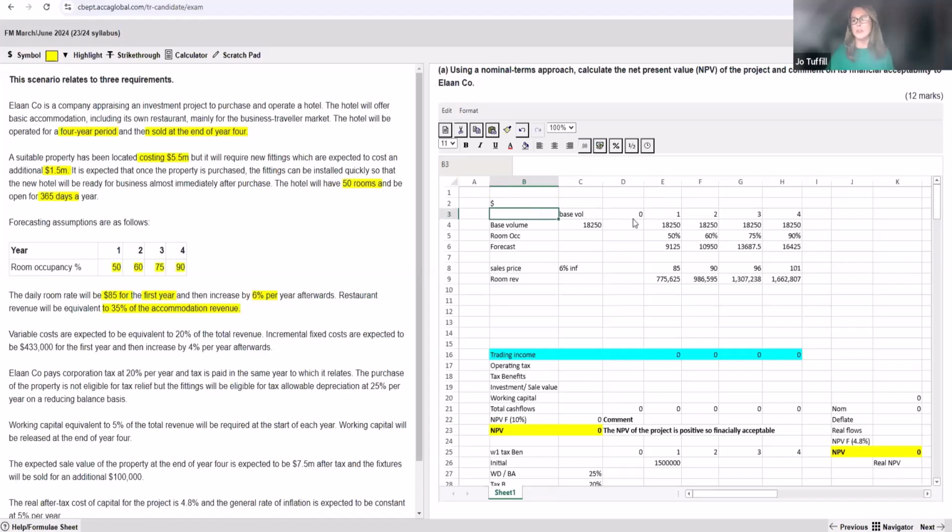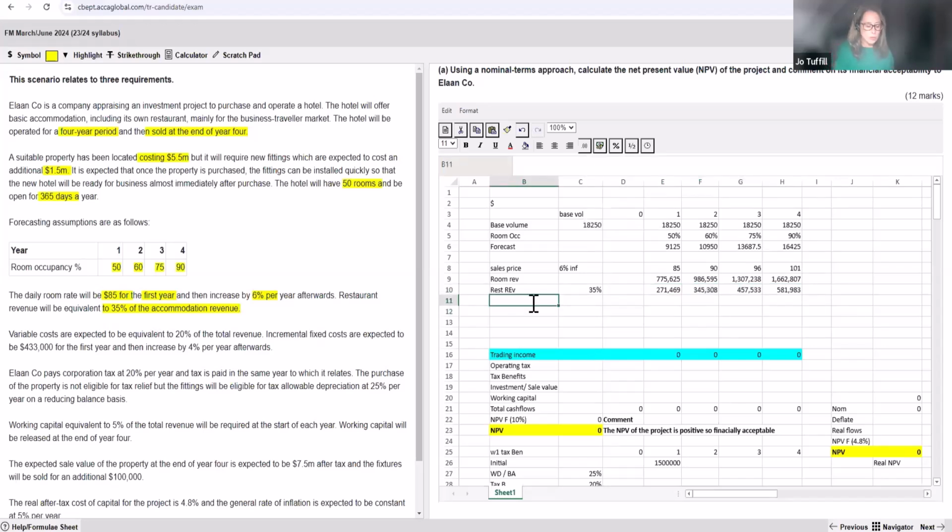You just need to make sure you put everything in dollars so that you're clear. Now, remember, 35% of revenue is restaurant revenue. So I'm going to put restaurant revenue in as 35%. So I'm adding it to that, times 0.35. Copy it across, and then put it down so you can see it.